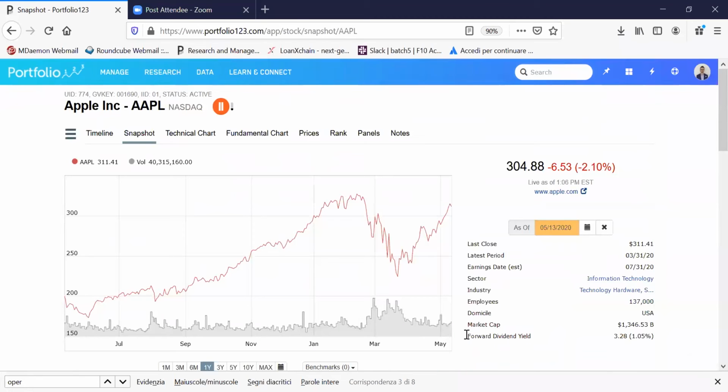It's quite skinny, as it seems. We would have to wait 100 years to get back 100% of the price that we pay.